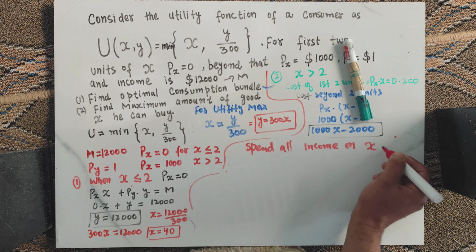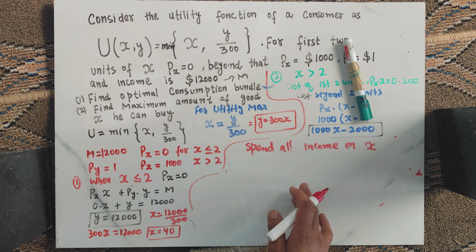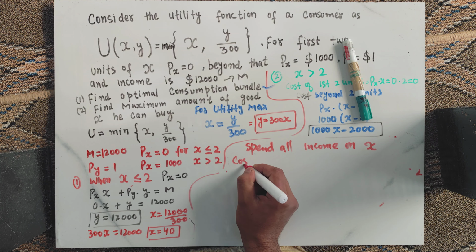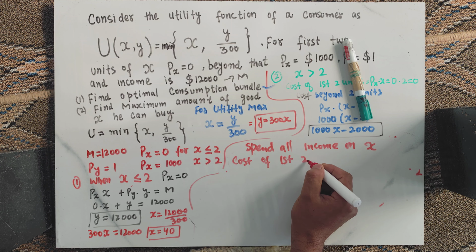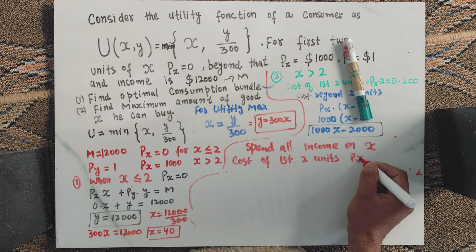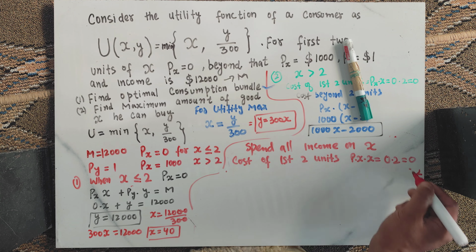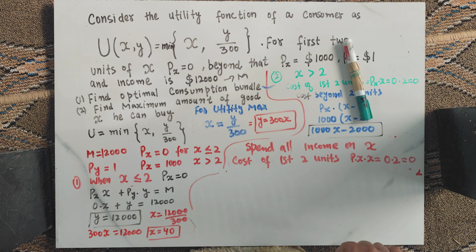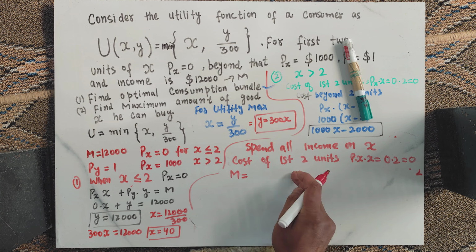Now what is the cost of first 2 units? That will be equal to price of good X times units of good X. Price of good X will be 0 times 2, which is 0. So the first 2 units cost him 0. Now what will be the income of the consumer after consuming 2 units?